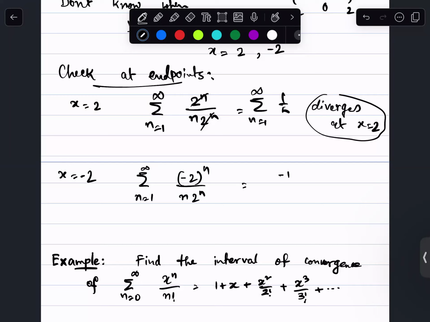This is just minus 1 to the n over n. Again, by the alternating series test, I'll get this to be converging. So at x equal to minus 2, the series converges.